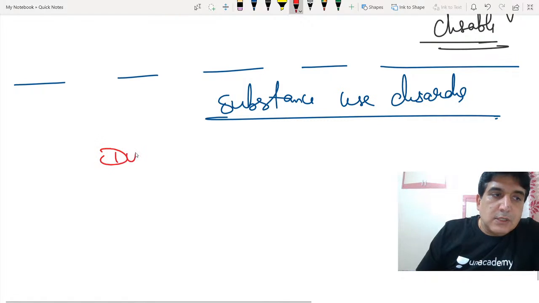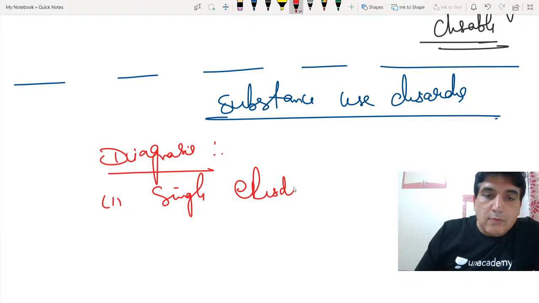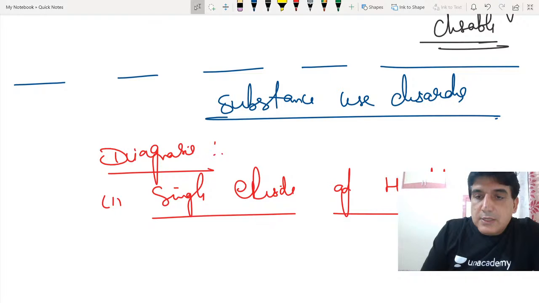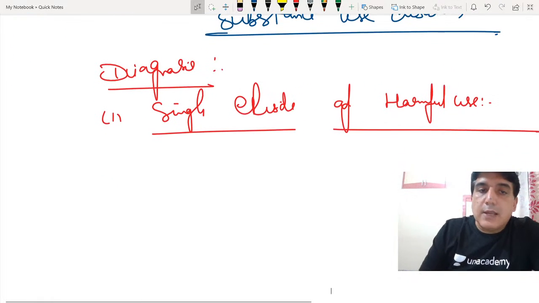In diagnosis, number one, even a single episode of harmful use counts. In ICD-10, we had harmful use as persistent use of a substance despite physical or psychological harm.